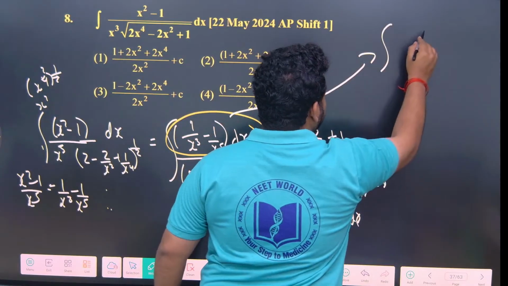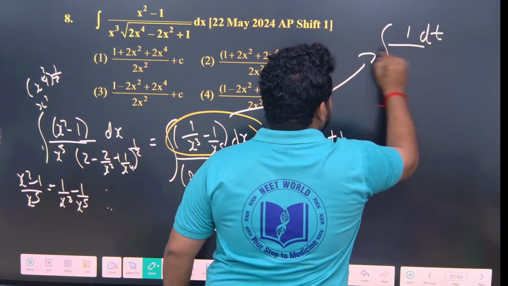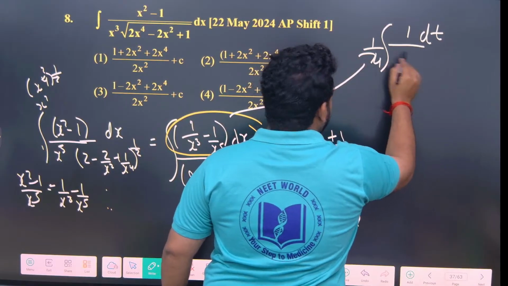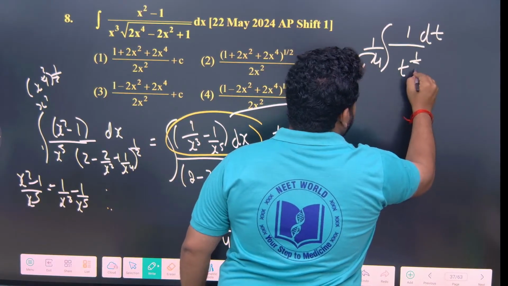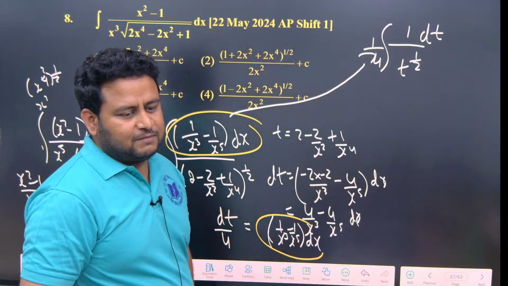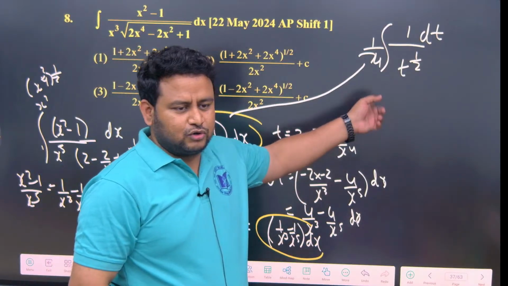So the integral of dt is 1 by 4 into the denominator, which is t to the power of 1 by 2. T to the power of 1 by 2 means root t.